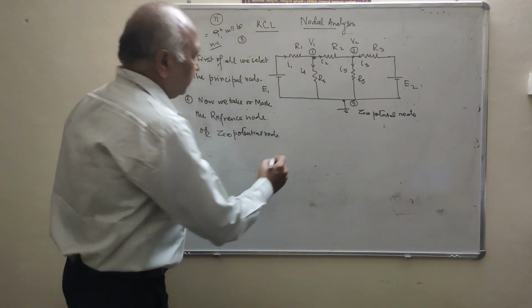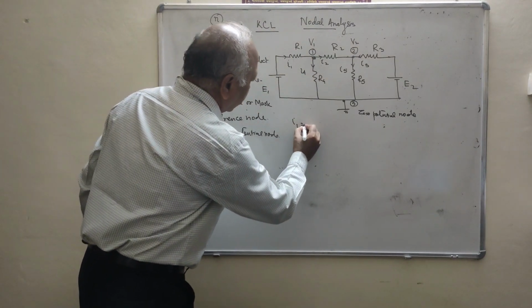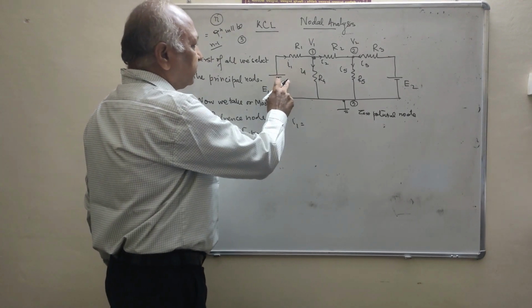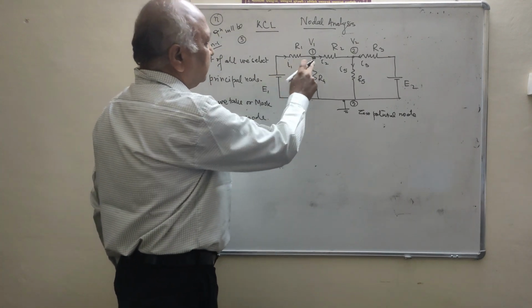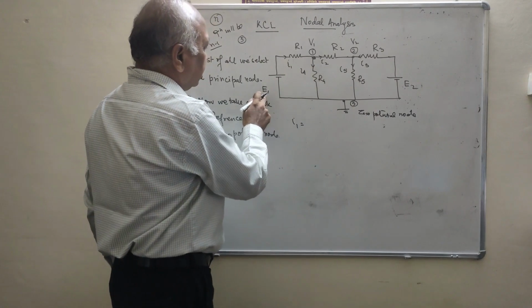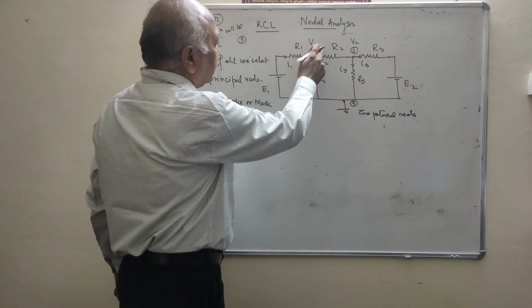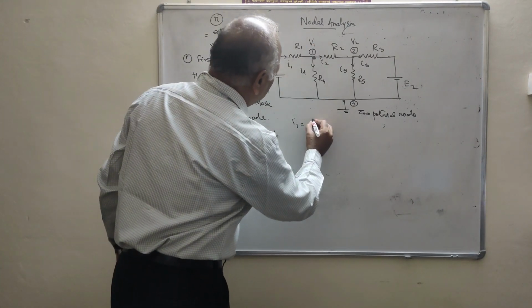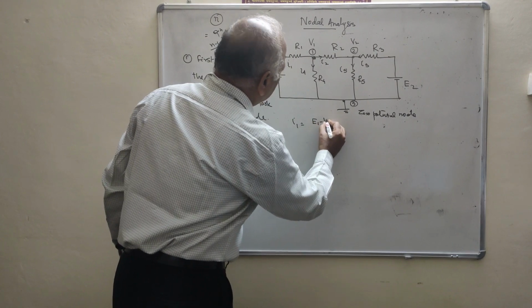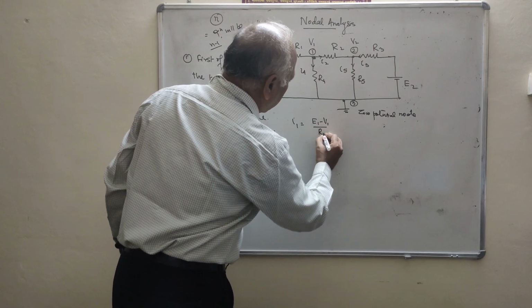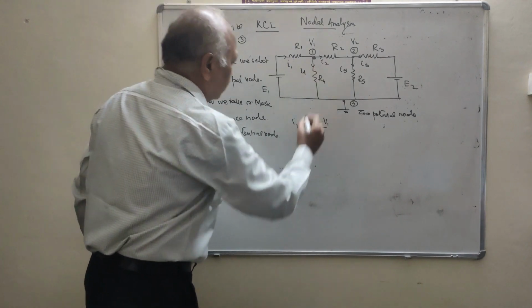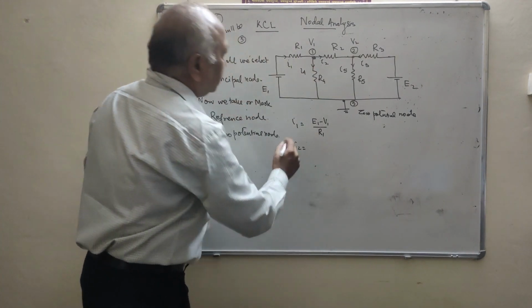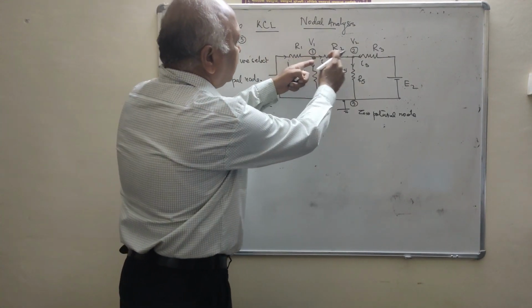What is I1? Current always goes from high potential to low potential. Here the potential is E1, here V1. That means I1 is E1 minus V1 upon R1. Clear? Similarly, what is I2? The current is going from node 1 to node 2.